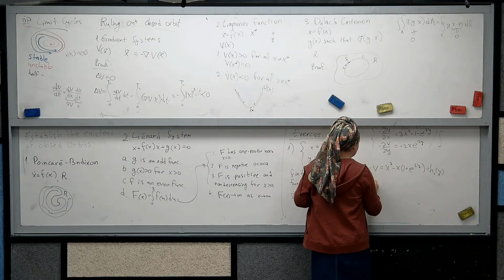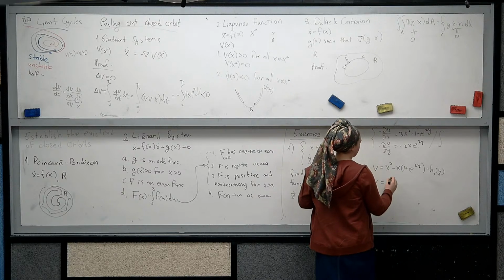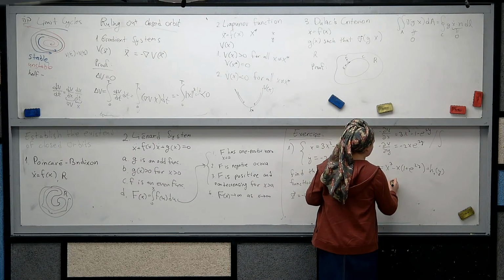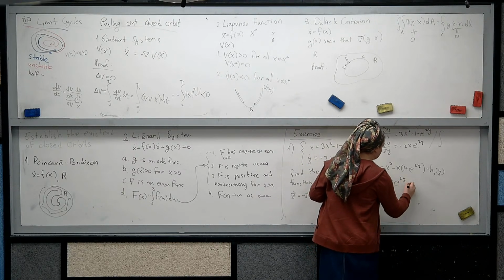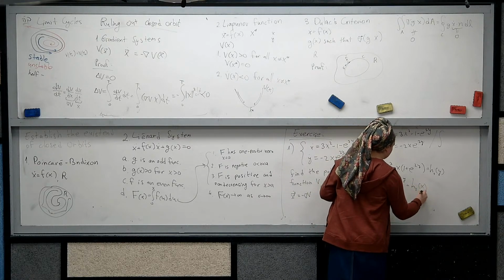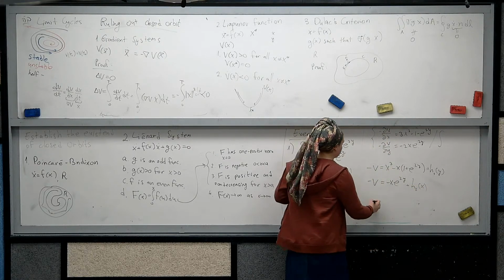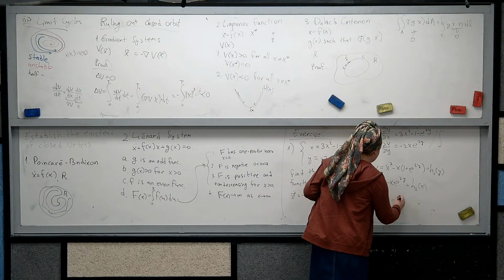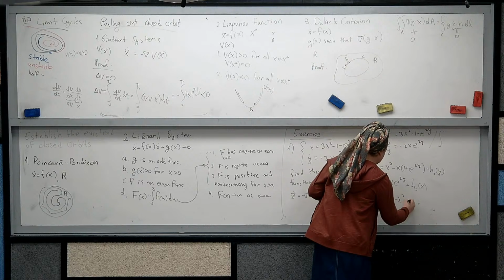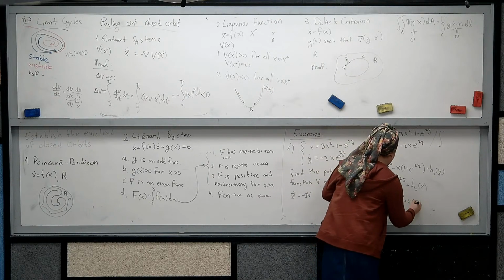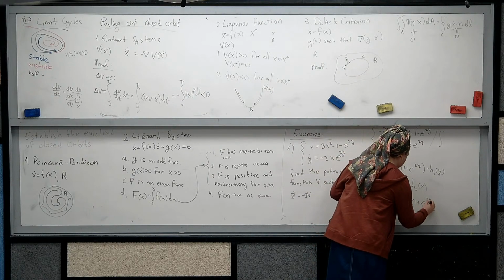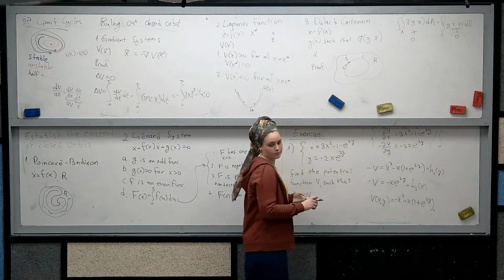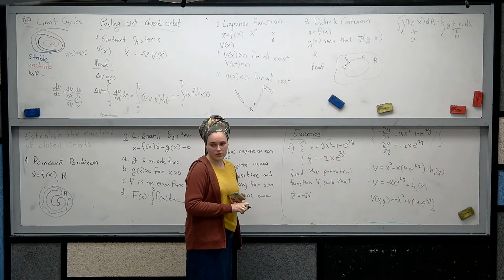And for the second one, minus V equals minus x e to the 2y plus h of x. So in total, V of x and y is minus x cubed plus x plus e to the 2y. Right, so we found the potential.